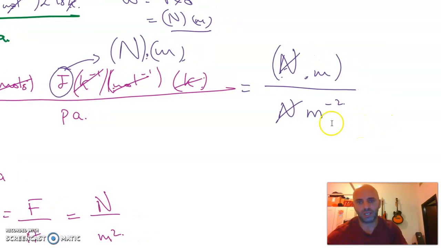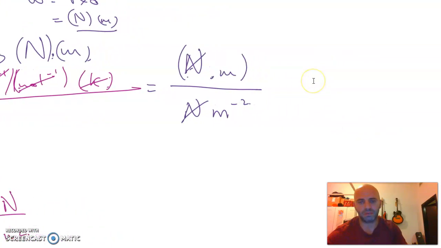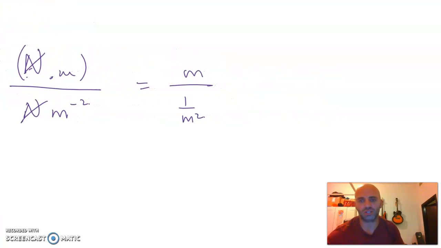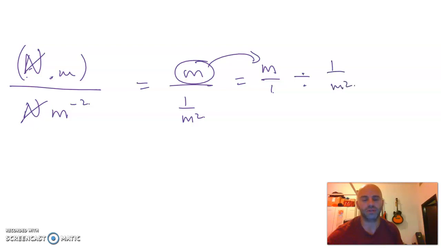Maybe it's easier to write it like this: I've got meters divided by 1 over meters squared. If you think about your rules of fractions, I've got meters on top over 1, that's still just meters, divided by 1 over meters squared. You invert the divisor and multiply, and that gives us meters cubed.